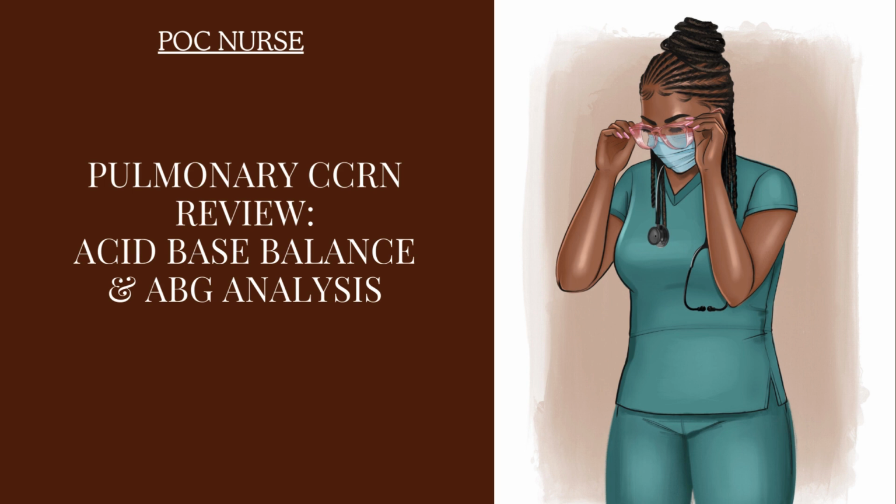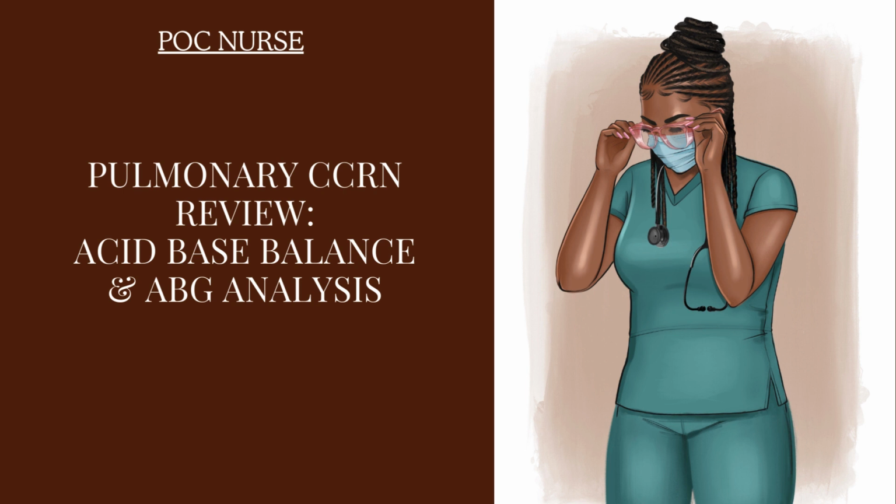Now we're going to do a systematic assessment of an ABG. We want to be able to systematically go through this question and get the answer fast so that you can keep it moving when you take the exam. So first, when you get your ABG result on the exam, you're going to have a pH value, a PCO2 value, and a bicarb value for the most part.